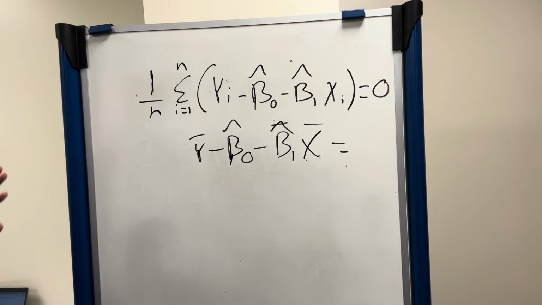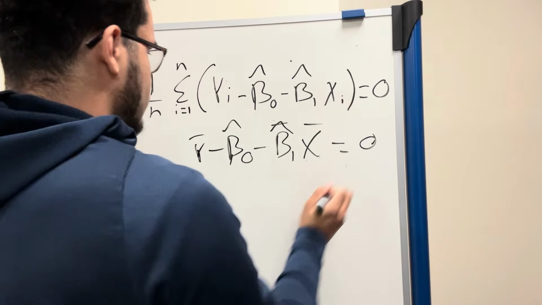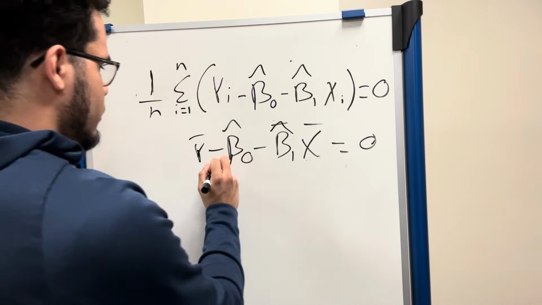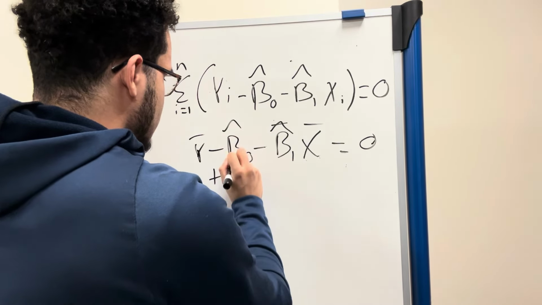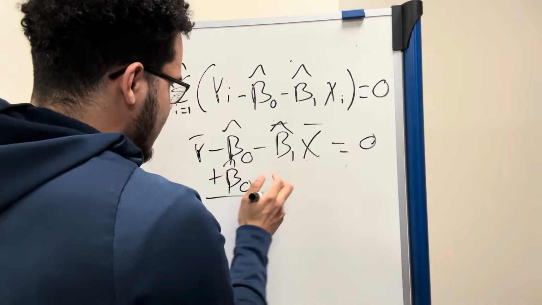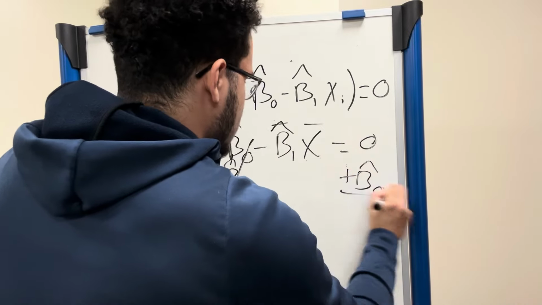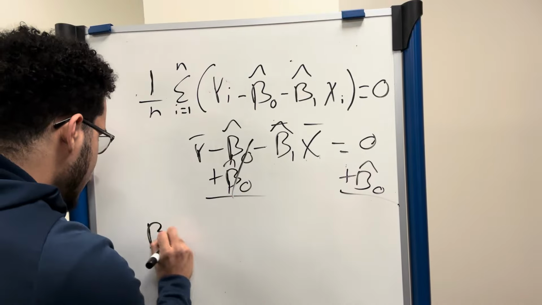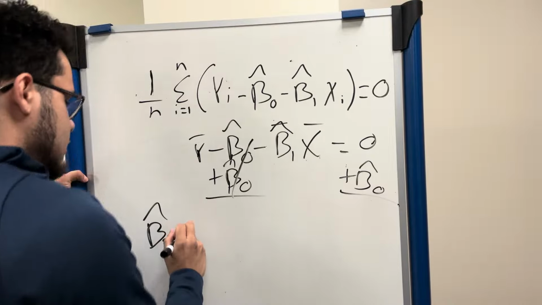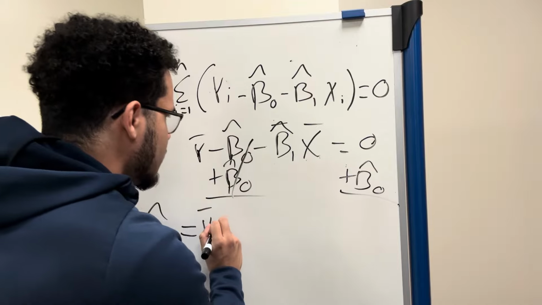So now, if you want to solve for beta naught, we would just add that, and beta naught hat equals y bar minus beta 1 hat x bar.